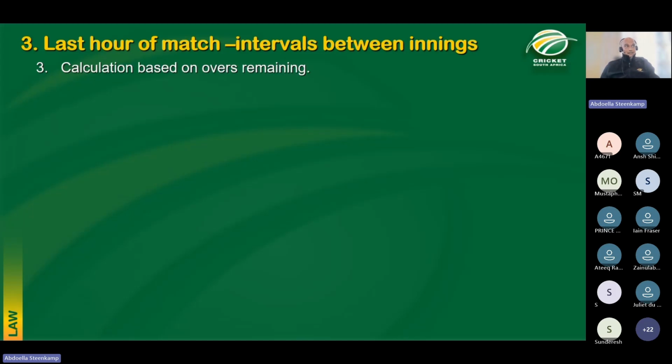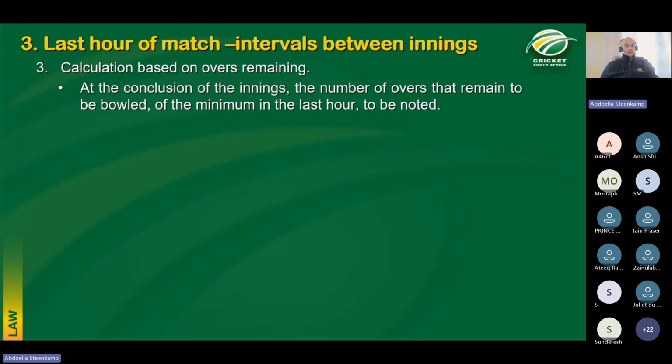So remember I said there are 2 calculations that need to be made. The first calculation is based on overs remaining. There are 3 steps in this calculation. First step is, at the conclusion of the innings, calculate the number of overs that remain to be bowled in the last hour.